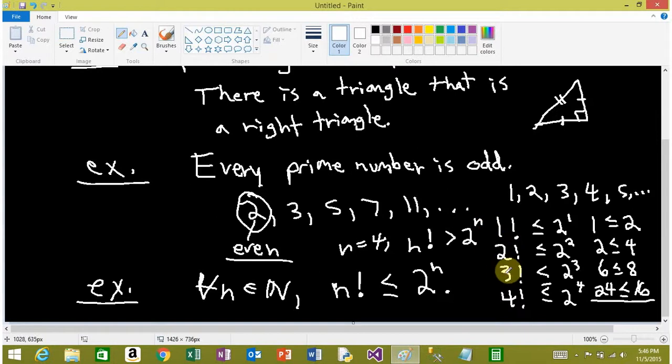And if you continue on with n equals 5 and so forth, you'll find out that n factorial will grow a lot faster than 2 to the n, and it will overtake it for n greater than or equal to 4. So that was the counterexample, n equals 4. Found that statement to be false.